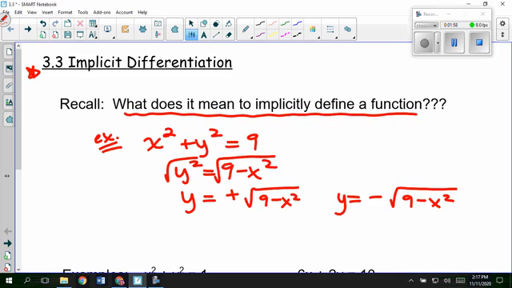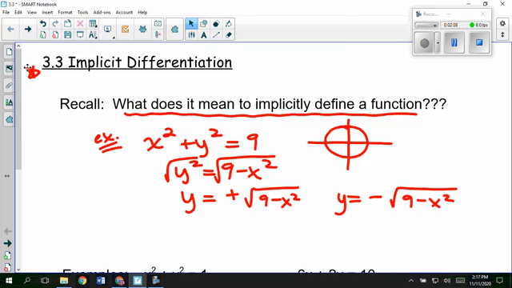So if I took a circle and thought about the graphical piece of that and recognized that a circle fails that vertical line test, so it's not a function, but instead I could define that as a separate top piece and then another separate bottom piece. And each of those represented that different part of the implicitly defined function.